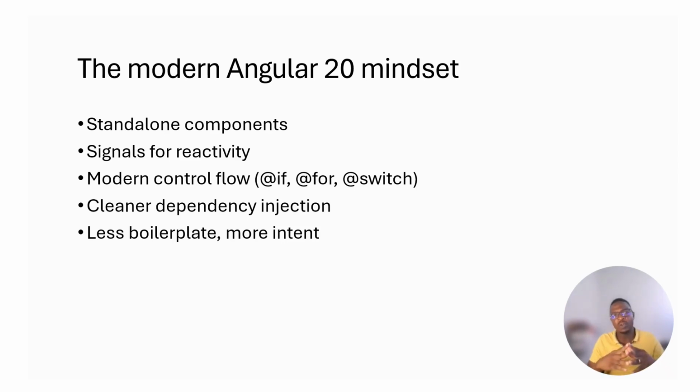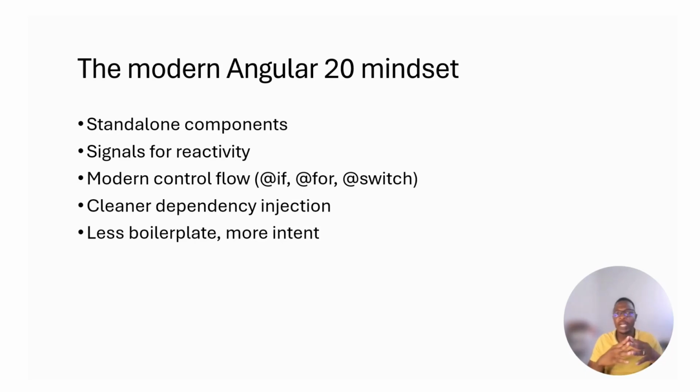In this tutorial, we are deliberately focusing on how Angular works today, not how it worked a few years ago. That is a distinction which matters the most. A lot of Angular confusion comes from learning outdated mental models, such as modules first, heavy configuration, and complex wiring. That's not how modern Angular thinks anymore.